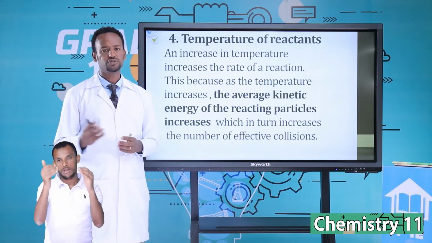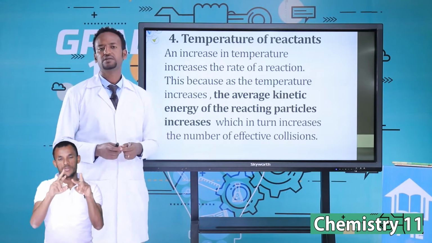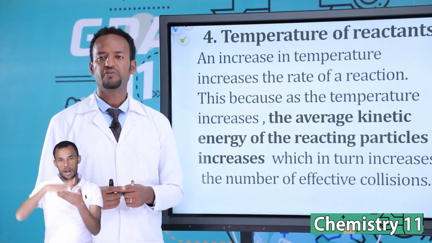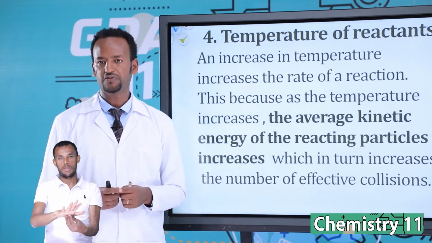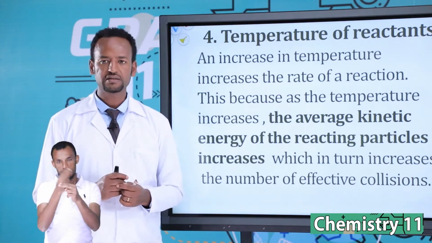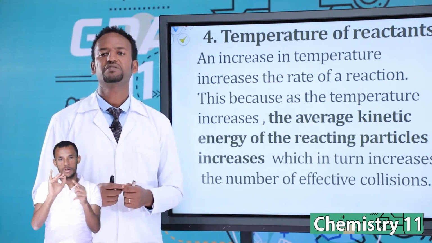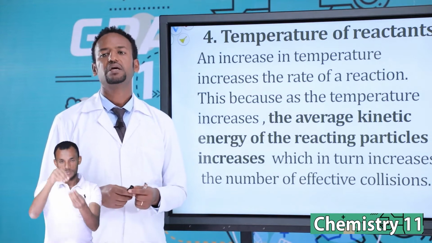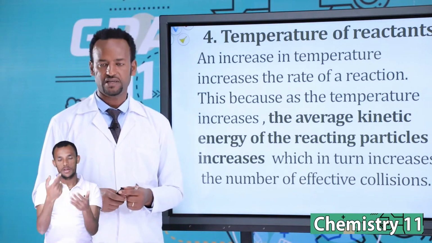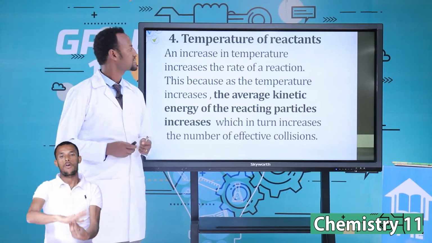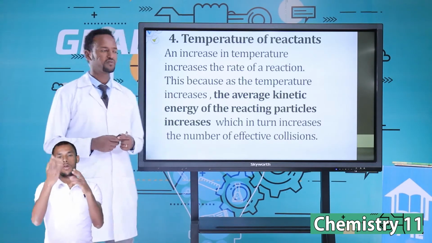Rate is equal to the change in concentration with the change in time. We also discussed factors that affect the rates of chemical reactions, like the nature of the reactant, the surface area of solid reactants, and concentration. In today's lesson, we discuss the other factors and the other subtopics in Chapter 4.